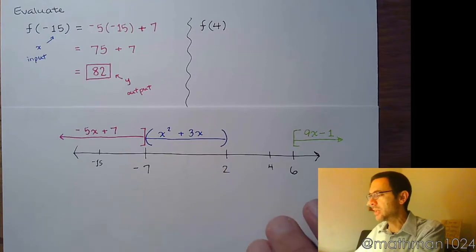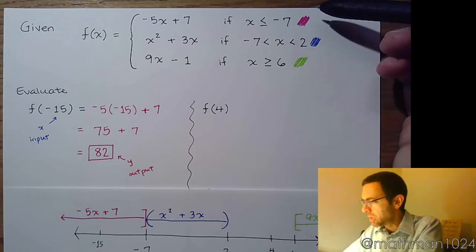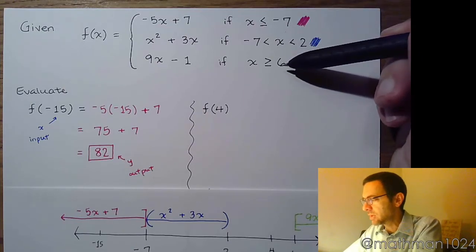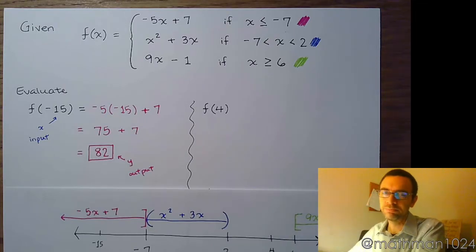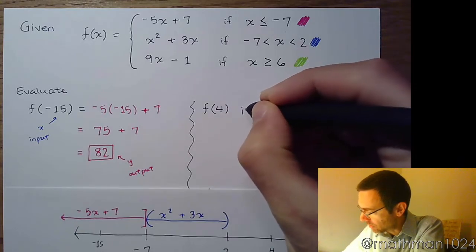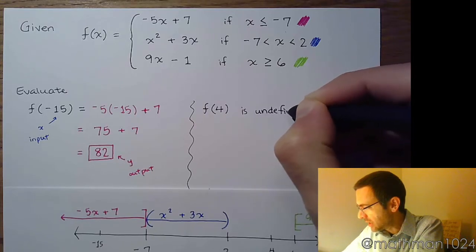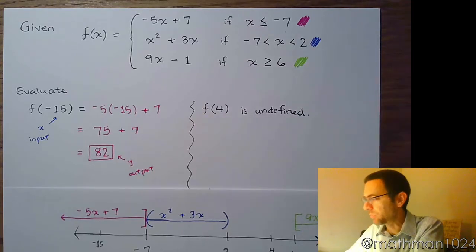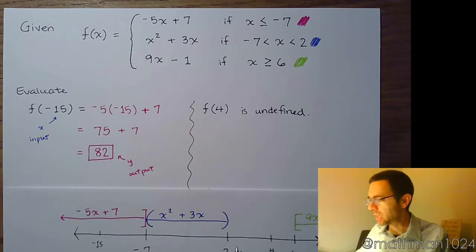If you look at the original piecewise defined function, none of these regions include an input value of 4. So that means we can't plug it in. So f of 4, we simply say, is undefined. Okay, because the function is not defined for input values between 2 and 6.